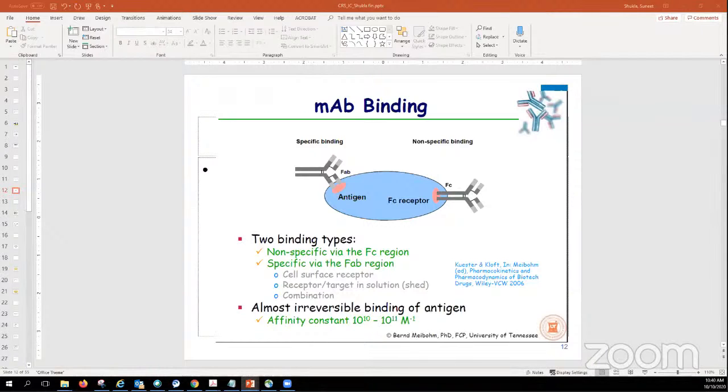Non-specific is through the FC region, and the specific is through the FAB region. The good thing about the FAB and antigen interaction is it's almost irreversible binding because of the very high affinity of the antigen antibody interaction, which goes almost into picomolar affinity.